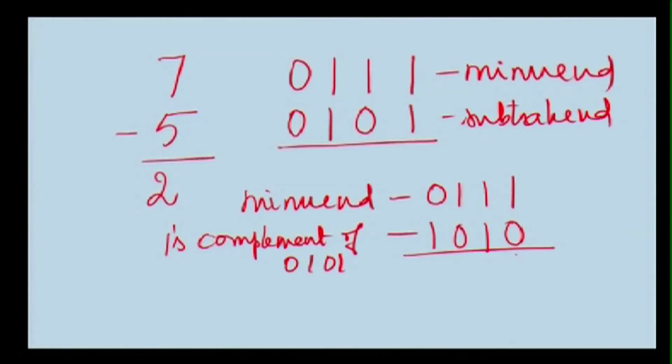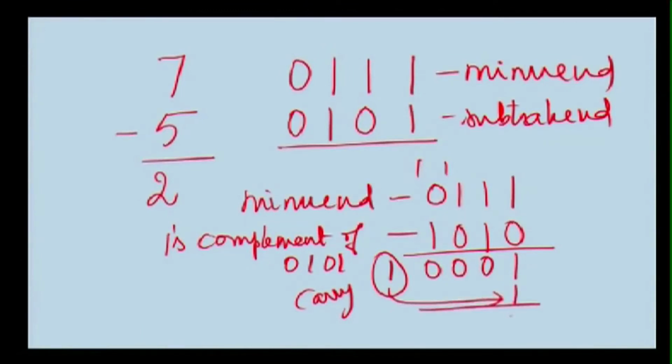When I add up, I get a sum of 0, 0, 0, 1 and a carry of 1. According to the rule, this 1 should be added with the sum and the answer becomes 1, 0. And the decimal equivalent of 1, 0 is nothing but 2. So this example clearly shows how subtraction can be done by using the 1's complement method.